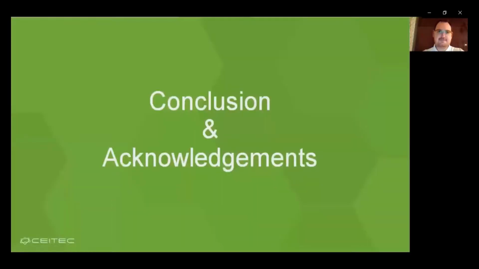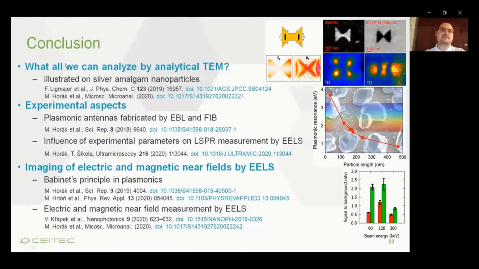So let's move to the conclusion. During my talk, I have shown you what we can analyze by analytical transmission electron microscopy in plasmonics. I illustrated it on silver amalgam nanoparticles. Then I discussed experimental aspects of our work on a comparative study of plasmonic antennas fabricated by EBL and focused ion beam.